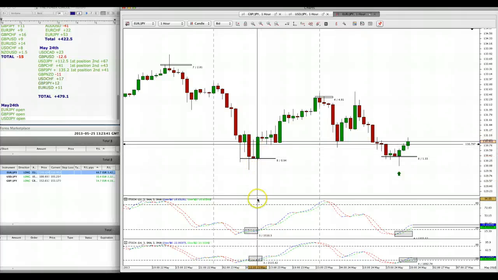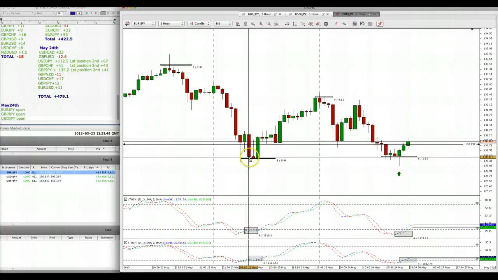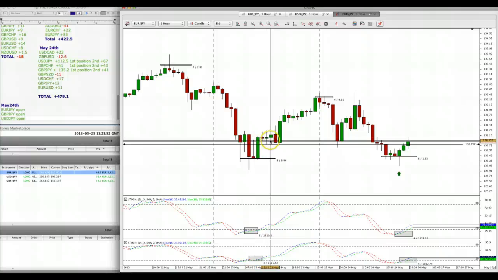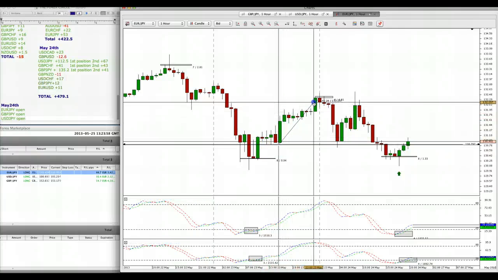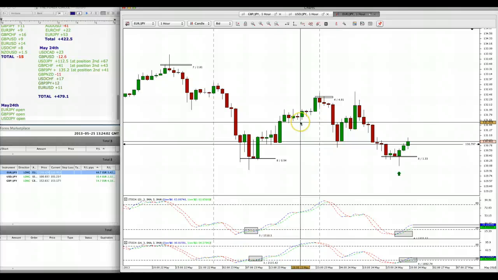Stochastics indicators are oversold. We enter a trade either on a little bit of a pullback, because after the market creates these patterns, oftentimes the market pulls back, and this is a great entry around these levels, and price went all the way up for 164 pips.